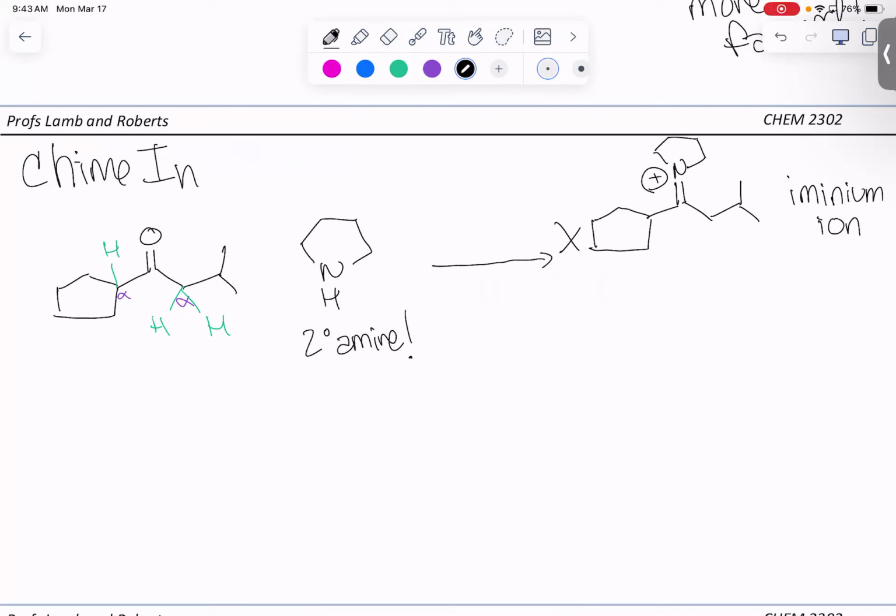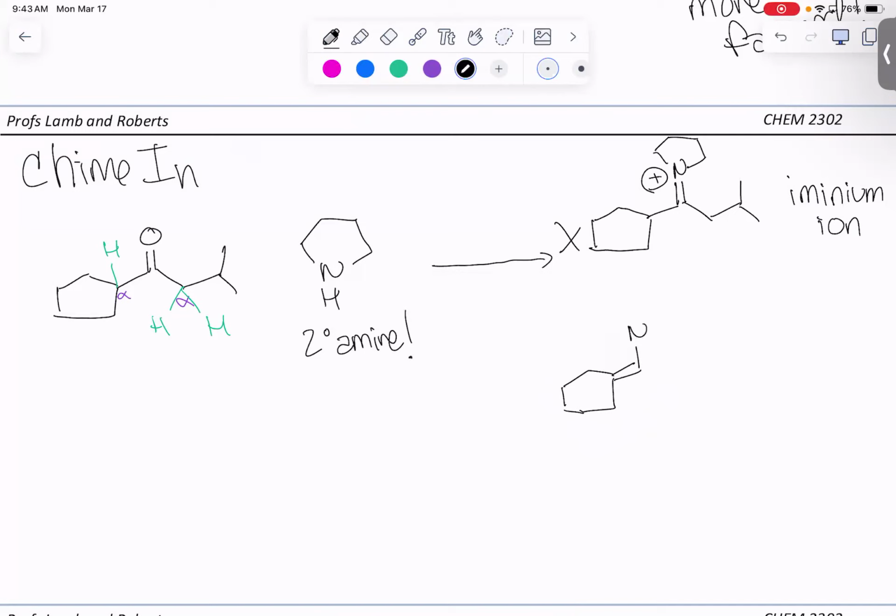It is going to be an intermediate in our mechanism, but we know that if we meet our two requirements of a secondary amine with alpha CH, we're going to form an enamine, and that's not what this is. Okay, so we have a couple of options then for which of our enamines we're going to form. I'm actually going to draw this a little bit lower.